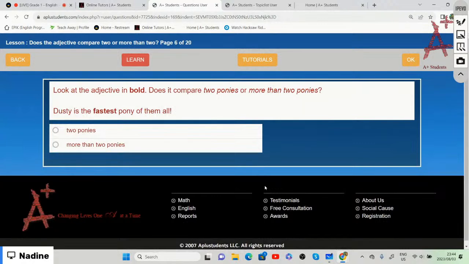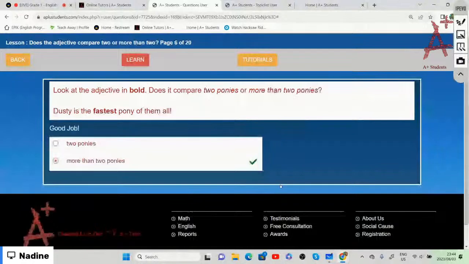The words them all mean that if, for example, there were a lot of ponies, then Dusty is being compared to all of those ponies. So it's not just two ponies, but more than two ponies that Dusty is compared to.